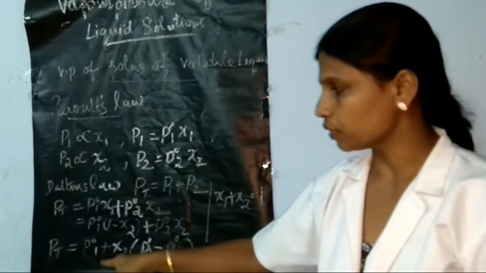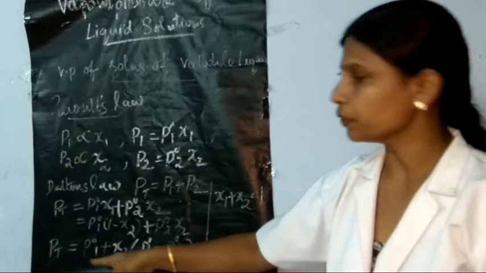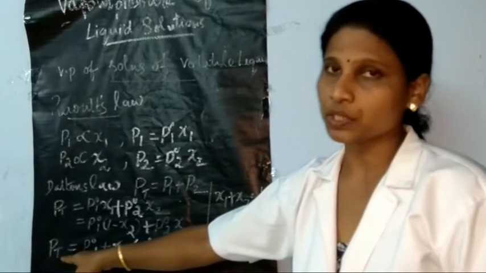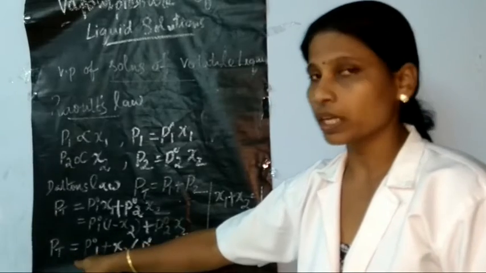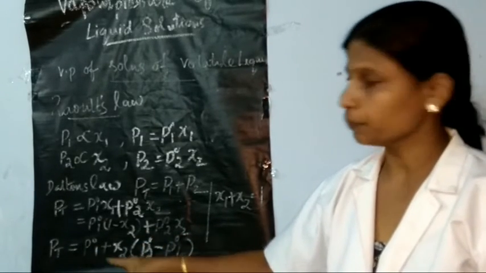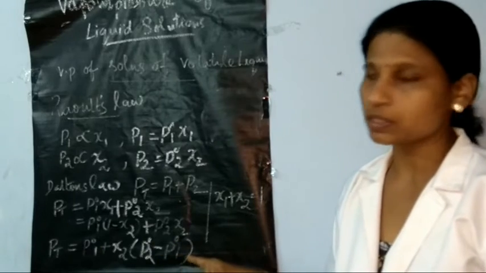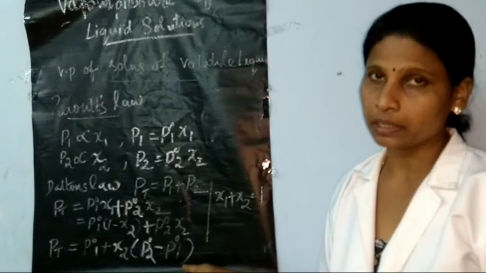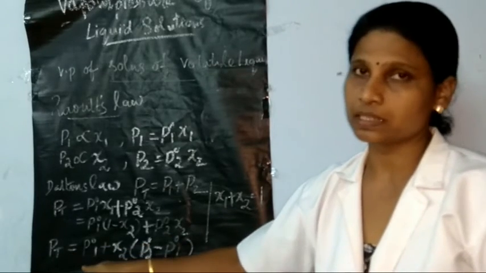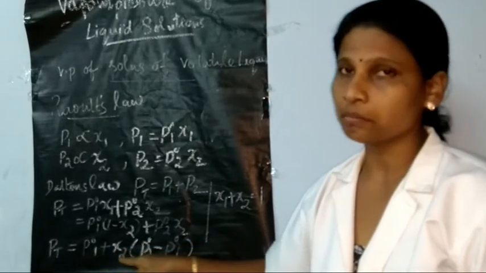The total pressure of the solution varies linearly with the mole fraction of any one of the components. This equation is in the form of a linear equation, y is equal to mx plus c, which you already studied in mathematics.